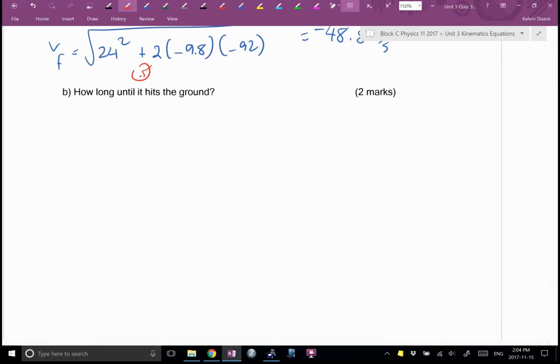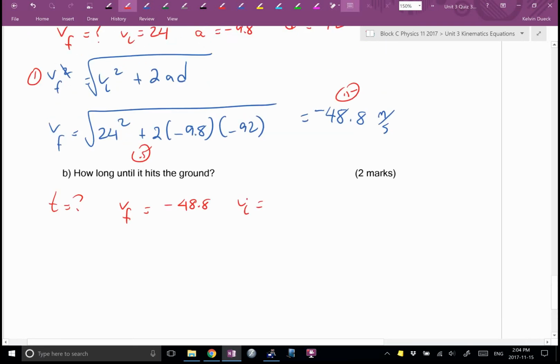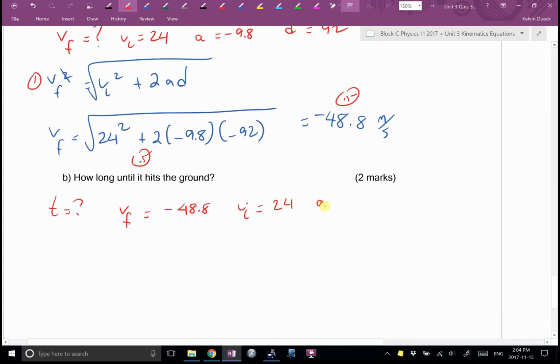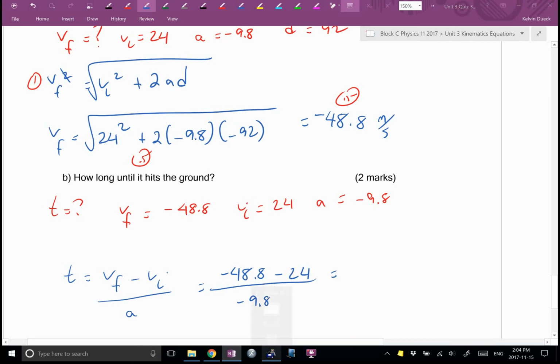How long until it hits the ground? That's a time value. I do know VF is negative 48.8. VI was 24. A was negative 9.8. Cool. I can go T equals VF minus VI over A, where VF is going to be negative 48.8, VI is going to be 24, all over negative 9.8.